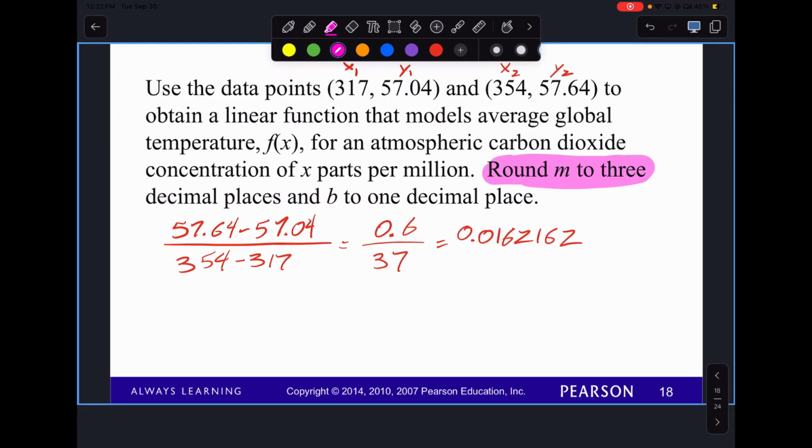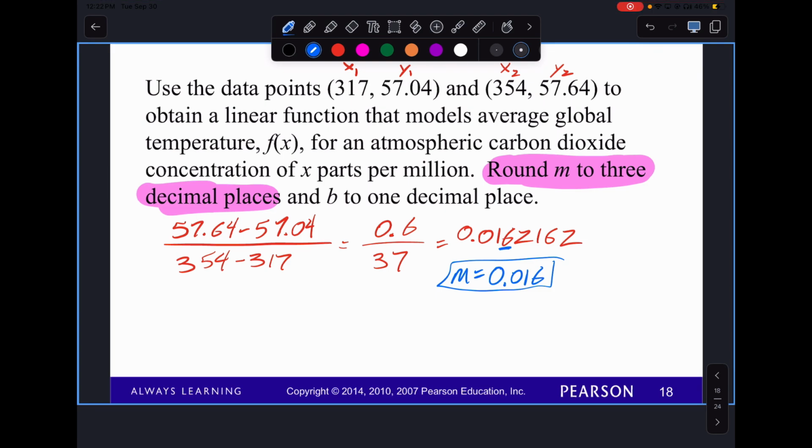Round m to 3 decimal places. So 3 decimal places would be right here. So if I'm going to round that, m is going to be equal to, do I give it a shove or not? No, because 2 is less than 5. So it's going to be 0.016. That's my slope. That's important. I need to come back to that.